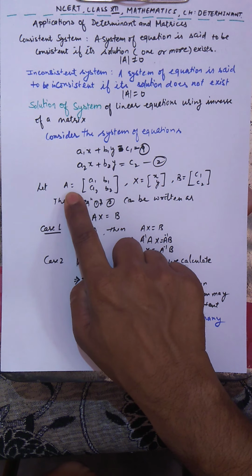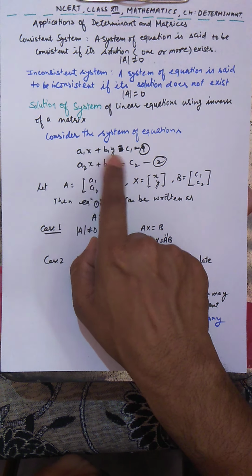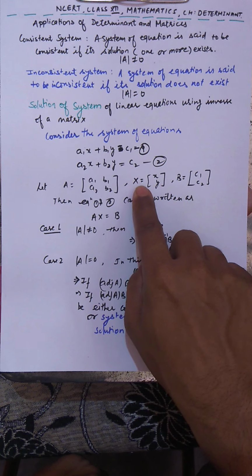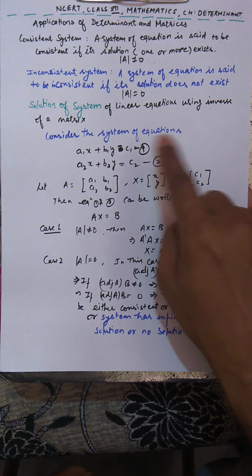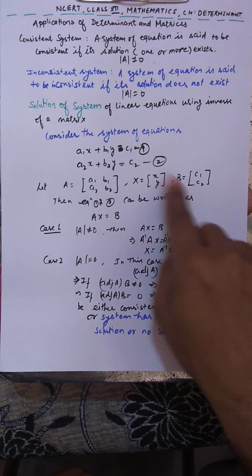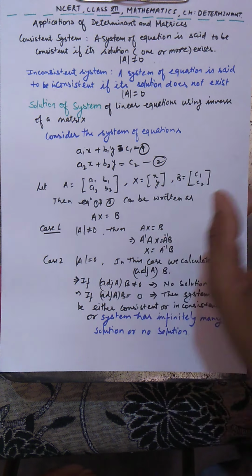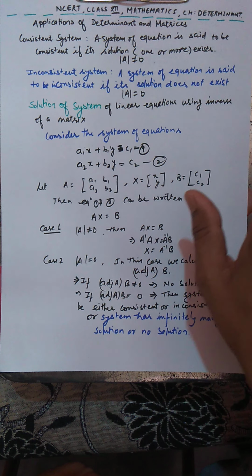First we write A, the matrix of all the coefficients of x and y. So you can see a1, a2, b1, b2 are here, and X means all the variables used in these two equations, x and y, and B is all that is on the right hand side, c1, c2. It can be on the left hand side, no issue, you can take minus c that way.